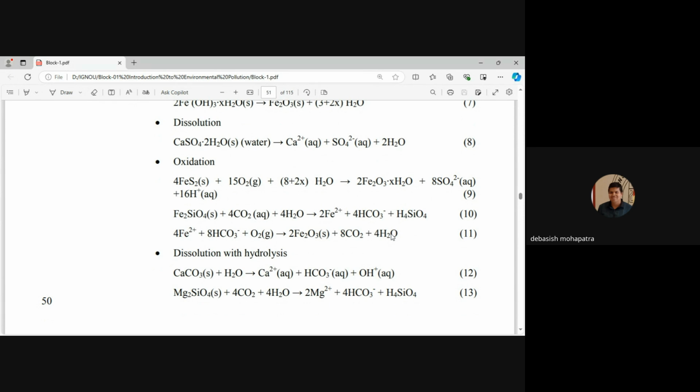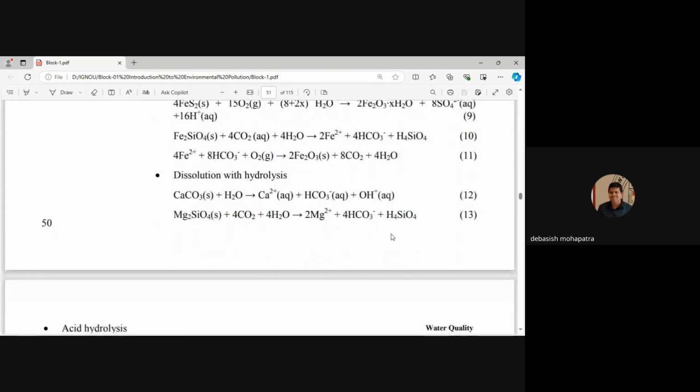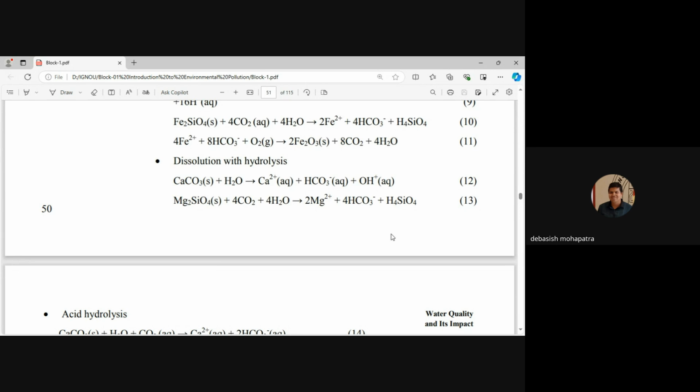Then 4Fe plus 8HCO3 plus O2 gives 2Fe2O3 plus 8CO2 plus 8H2O. Then dissolution with hydrolysis: calcium carbonate plus water gives calcium plus hydrogen carbonate, and magnesium silicon oxide plus 4CO2 plus 4H2O gives 2 magnesium plus 4HCO3 plus H4SiO4.